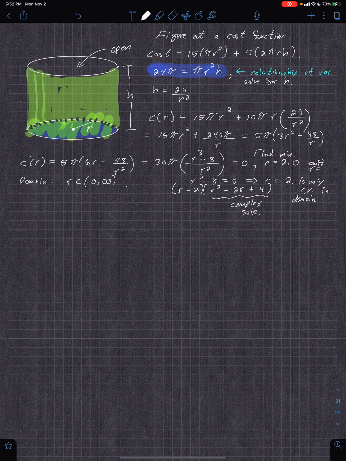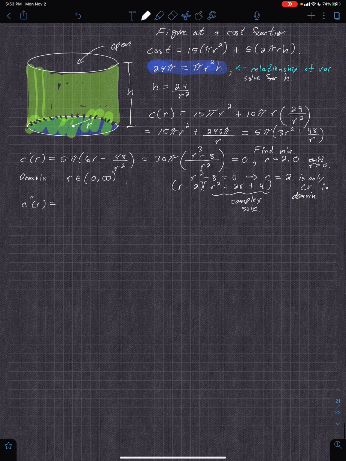So then next thing, let's do C double prime of r. C double prime, you get, where'd that go? Right here. Okay, so you can do the second derivative. There's ways to argue this without doing the second derivative, but we can, so we'll go ahead and do it. So the 30 pi stays out there. Denominator is going to be squared.